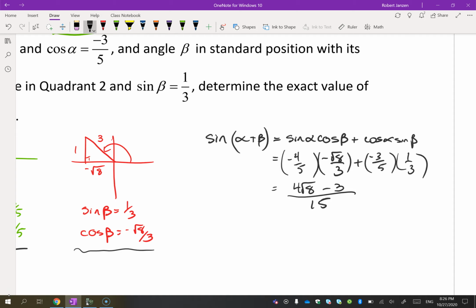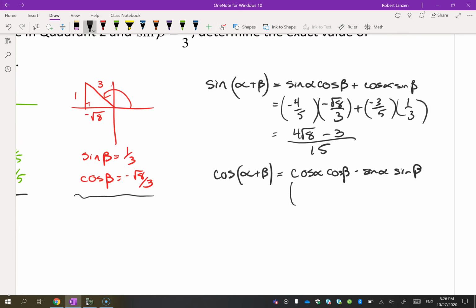By the way, what if we did cosine alpha plus beta? Well, that formula is cos alpha cos beta minus sine alpha sine beta. So we do it the same way.